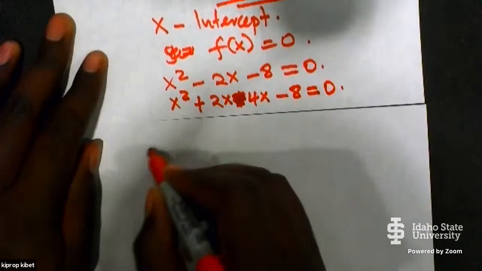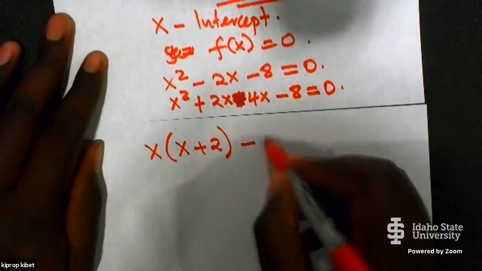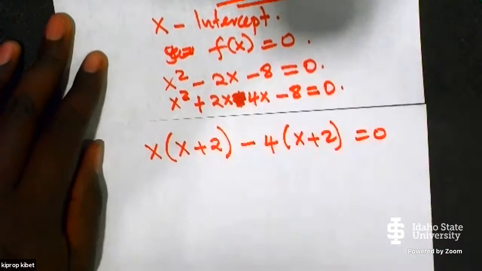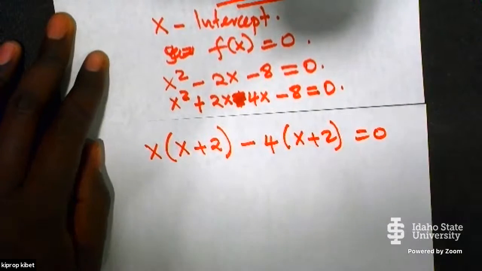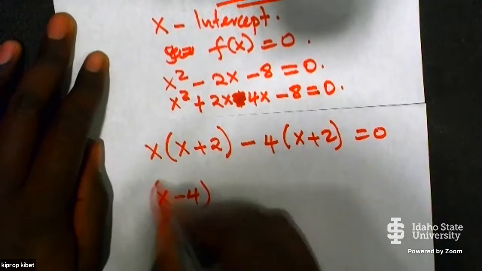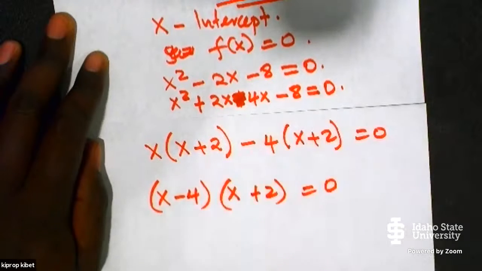So here, x plus 2 times x minus 4 equals 0. Now, using the zero product property, x minus 4 equals 0 or x plus 2 equals 0.